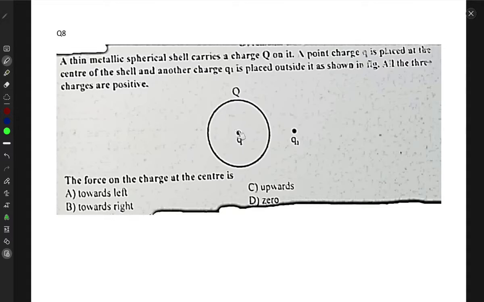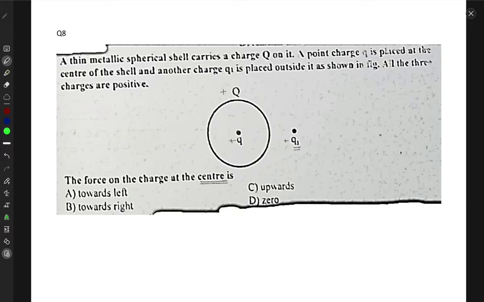So you're putting a charge Q at the center of the shell, and another charge you're putting outside the shell some distance away from the surface of the shell. We are also given that all of these charges are positive. Now they're asking you the force on the charge at the center.